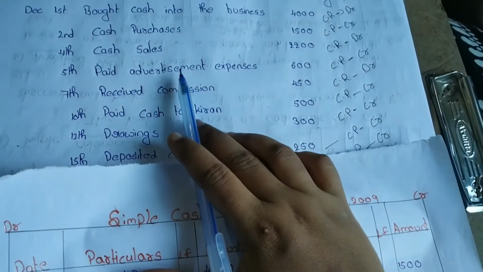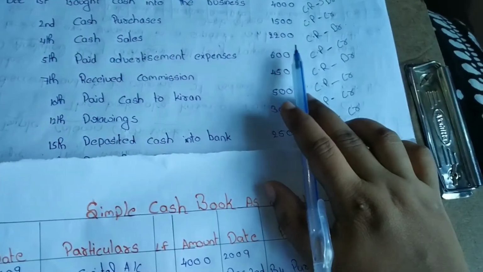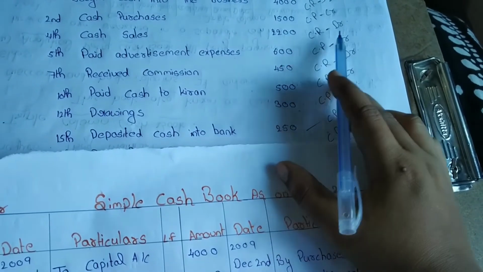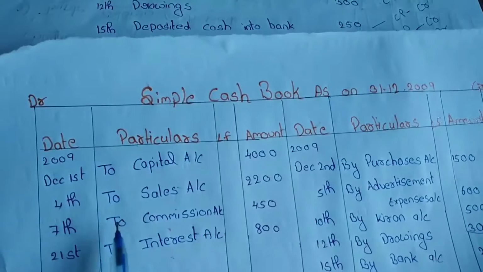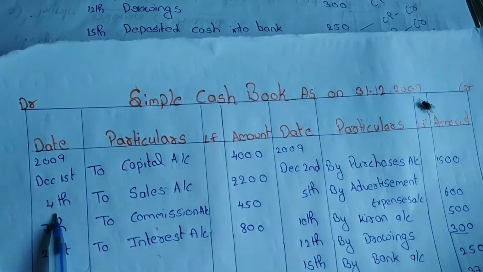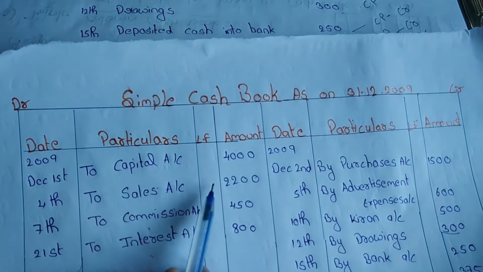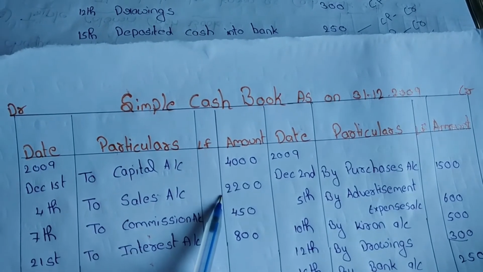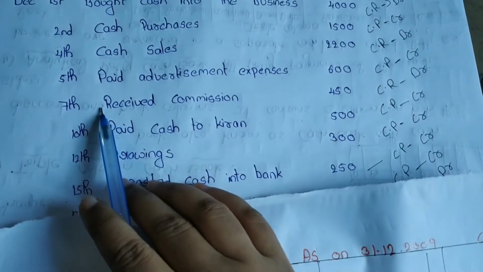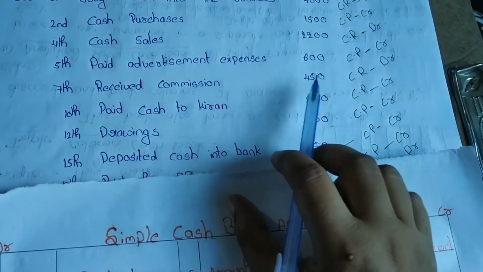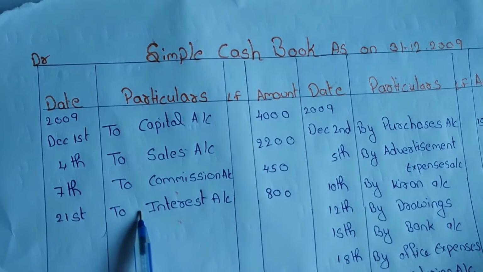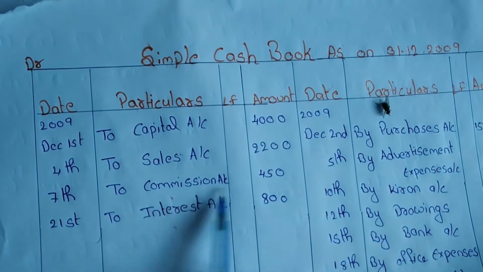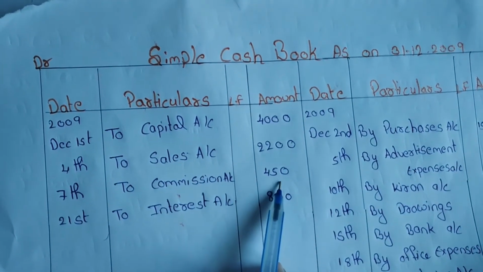Next one, on 4th, 2200 cash sales. It should be recorded on the debit side, so on the 4th, to sales account 2200. Next one, on 7th, received commission 450 rupees. It should be recorded on the debit side, so to commission account 450 rupees.